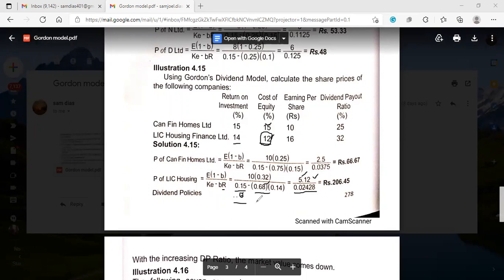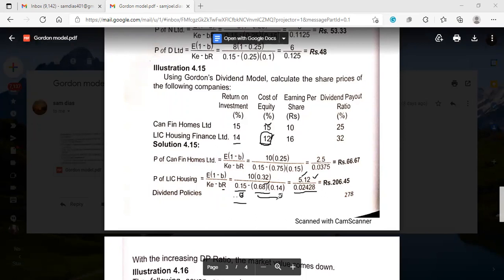First we have to identify the product of these two things, that means we have to calculate the growth rate. 0.68 into 0.14 gives 0.0952.